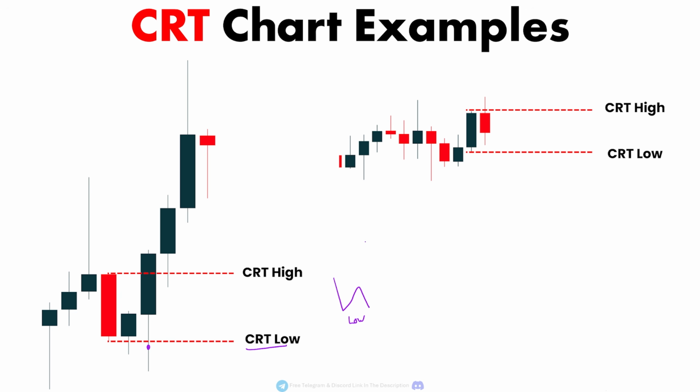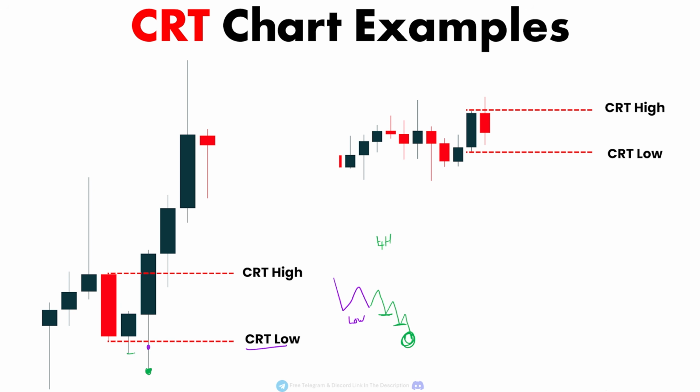And then when this 4 hours candlestick opens, this is another 4-hour candle. Price will just do something like this, gives you an entry around this area, and then it stops you out, gives you another entry, and then it stops you out and gives you another perfect entry around this area. This is where you'll be looking to go long.